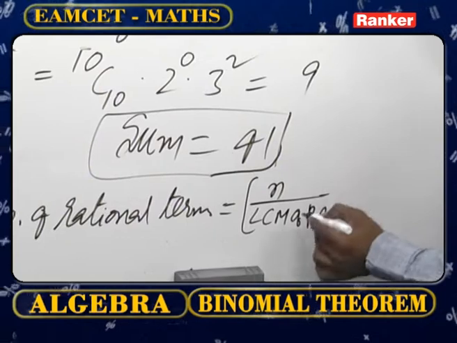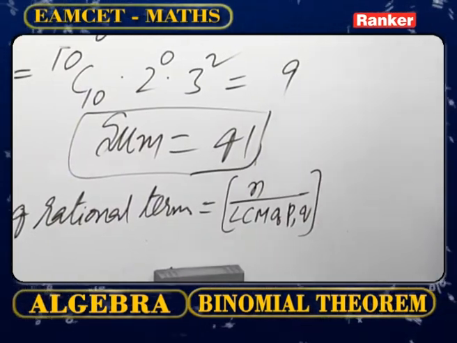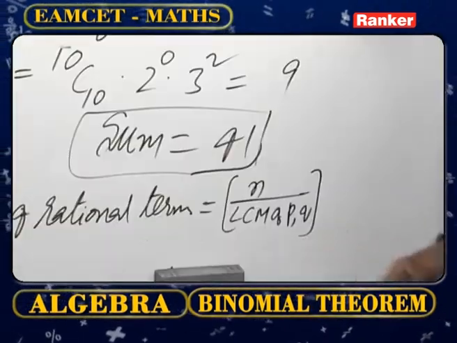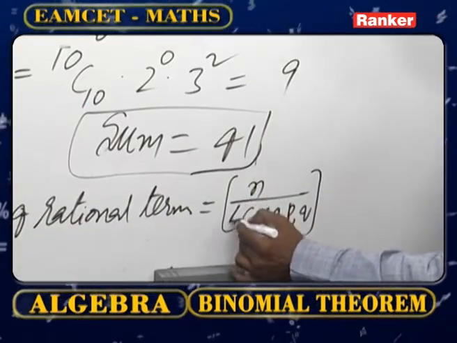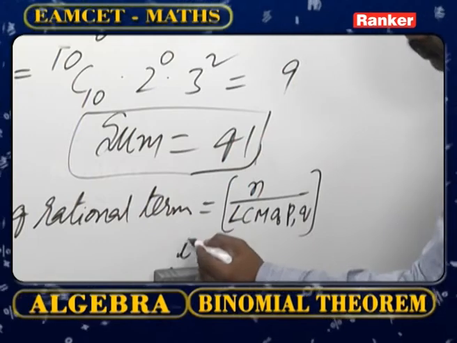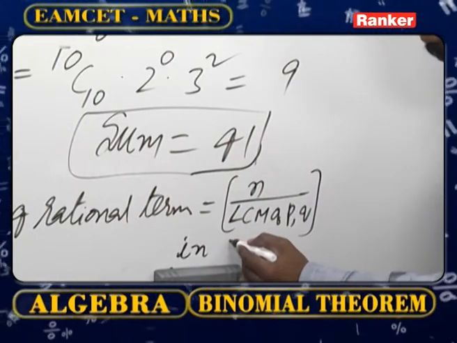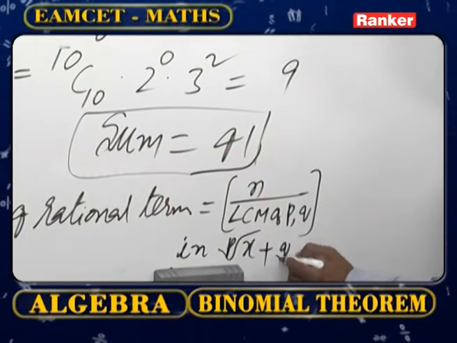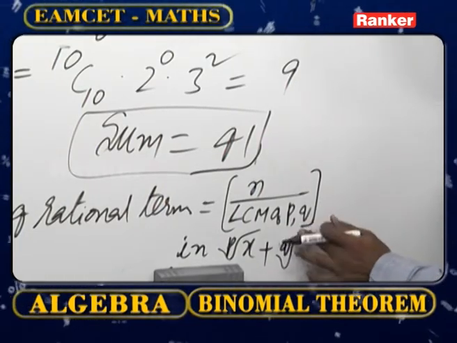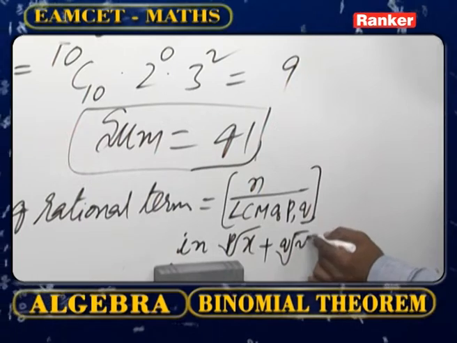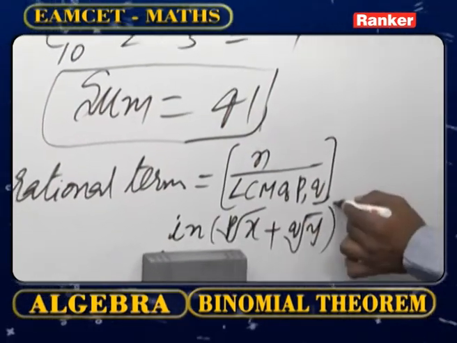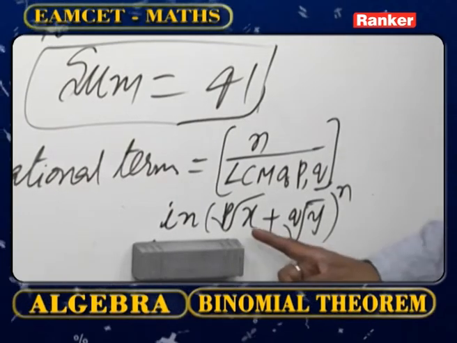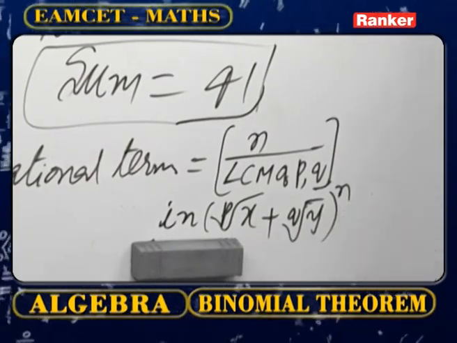I'll explain you. Step of n upon LCM of p comma q in the expansion of p root x plus q root y whole power n. Do you understand what I am doing here?